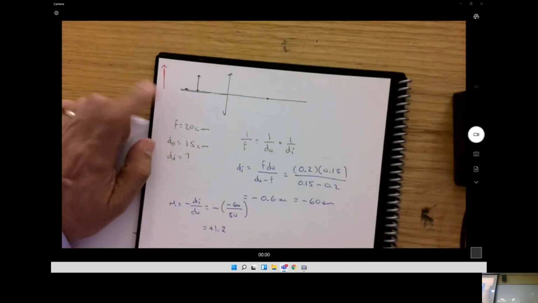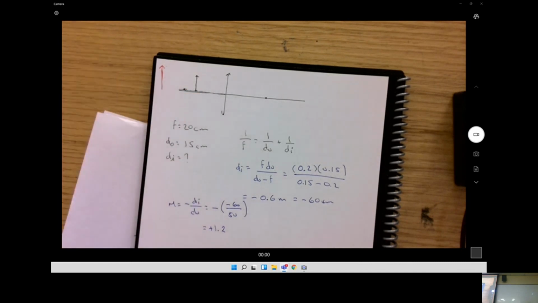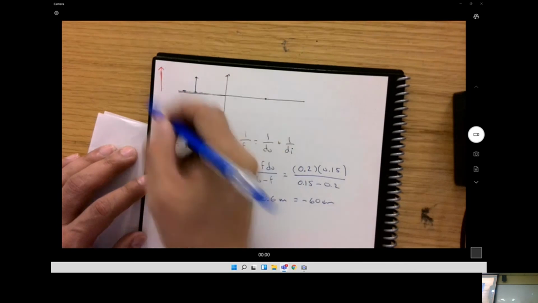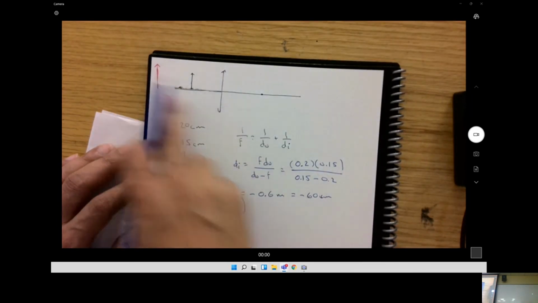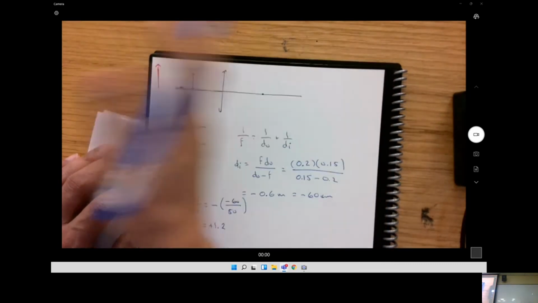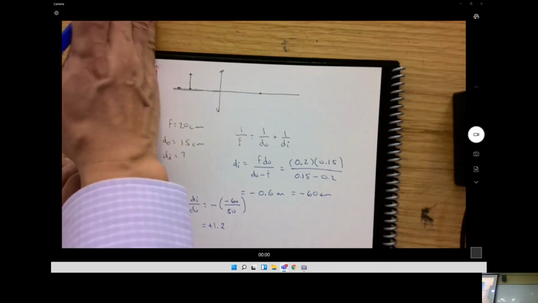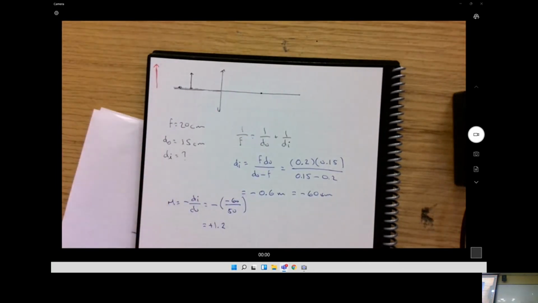Now, when you have an image being formed on the object space and is not inverted, this is what we call a virtual image. Okay, this image cannot be projected on a screen. So it doesn't matter if you put a screen over here or anywhere, you cannot see that image.